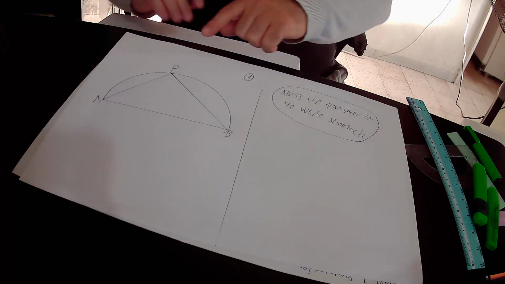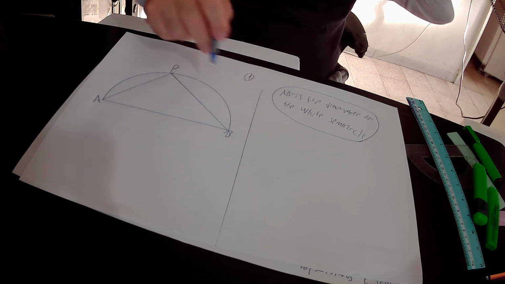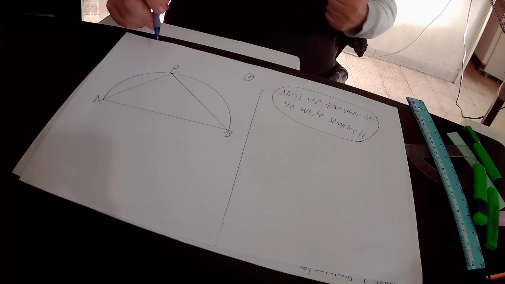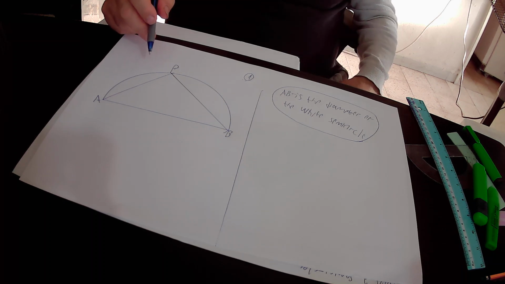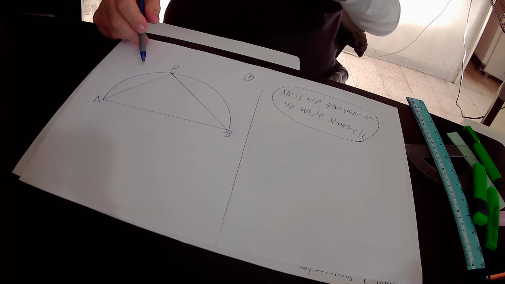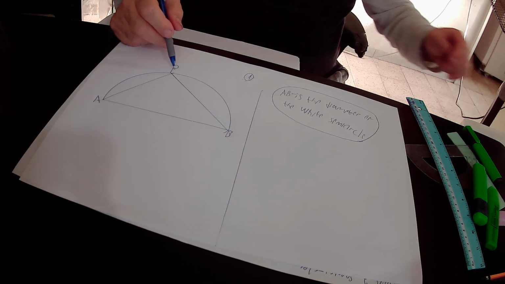Actually, by joining points P and B together by a straight line, we created here peripheral angle APB. This is peripheral angle APB, and peripheral angle APB is subtended on AB, that is the diameter of this white semicircle, and therefore according to rule 7, peripheral angle APB must be equal to 90 degrees in its size.